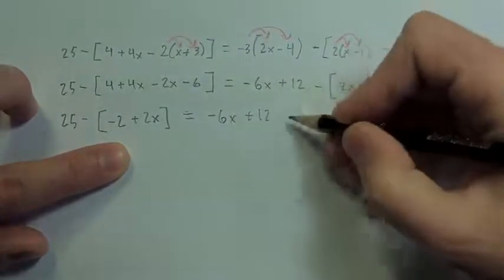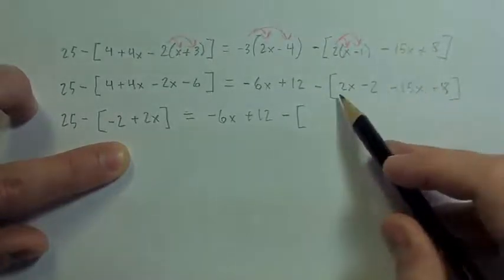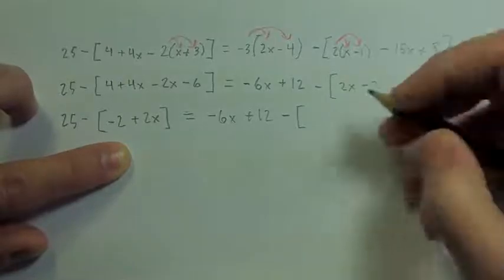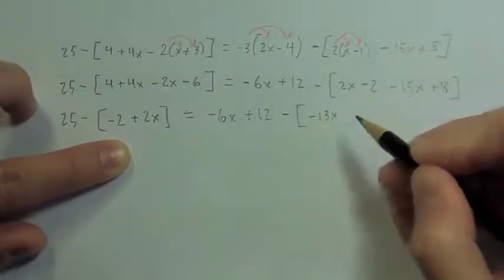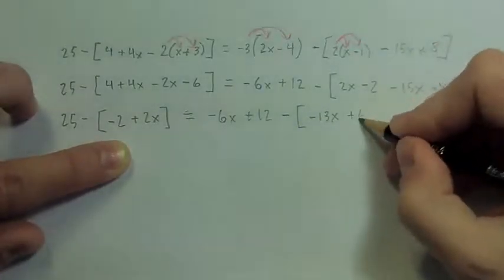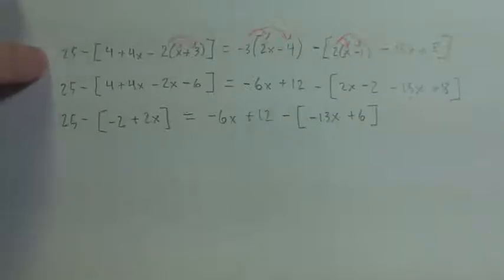Then over here, I'll leave the minus out front, and now I'll just combine like terms. This 2x minus 15x is going to give me a negative 13x, and then this minus 2 plus 8 will give me plus 6. As you can see, things look much, much better now compared to when they started.